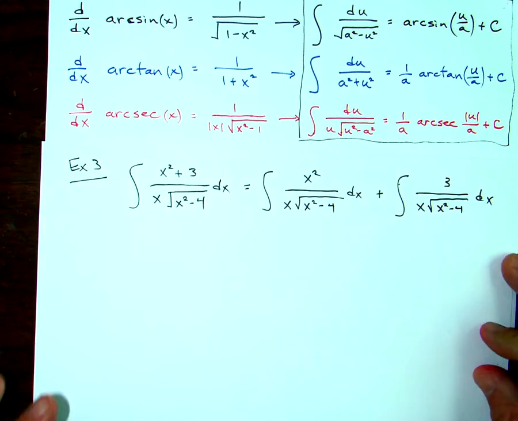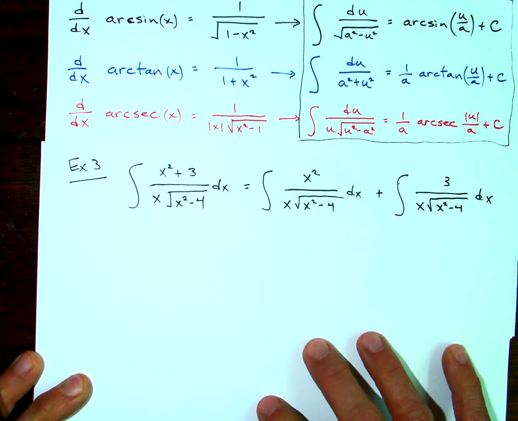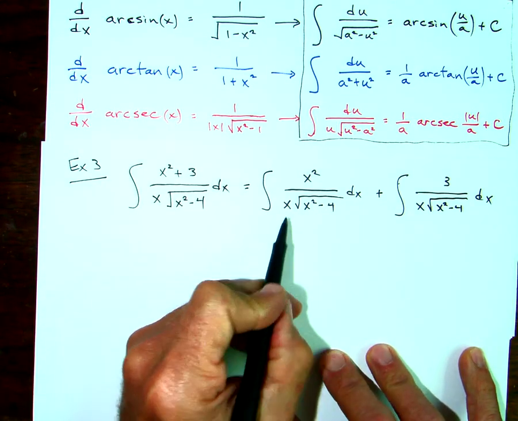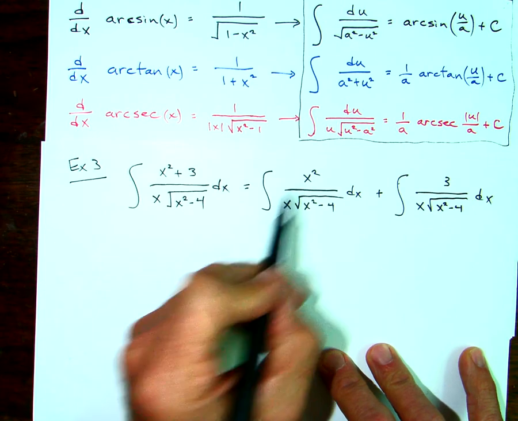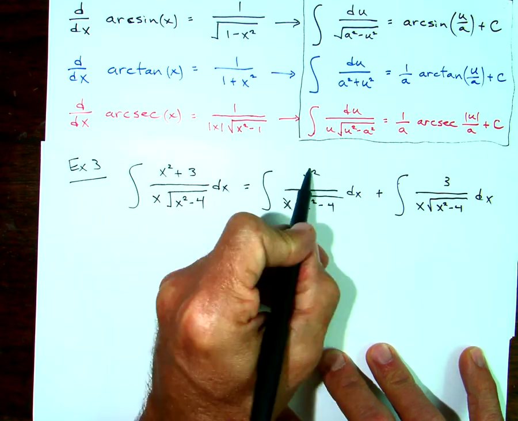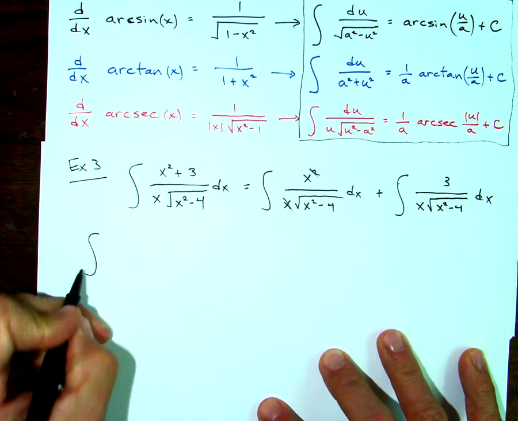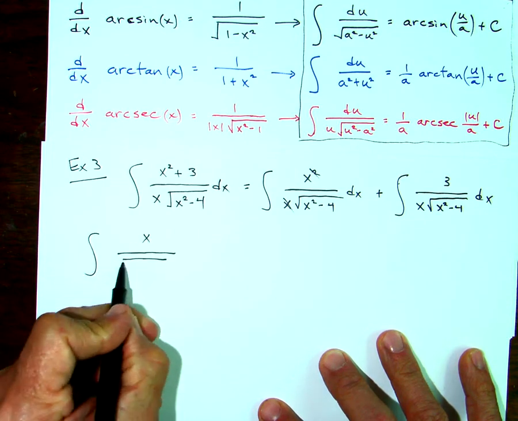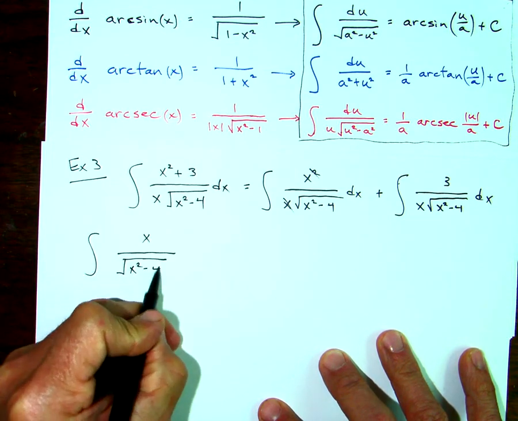And we'll deal with each of these separately. Let's take a look at this first one. I've got a factor of x here and an x squared here, so I can cancel this with one of those, and now that integral becomes x over the square root of x squared minus 4 dx.